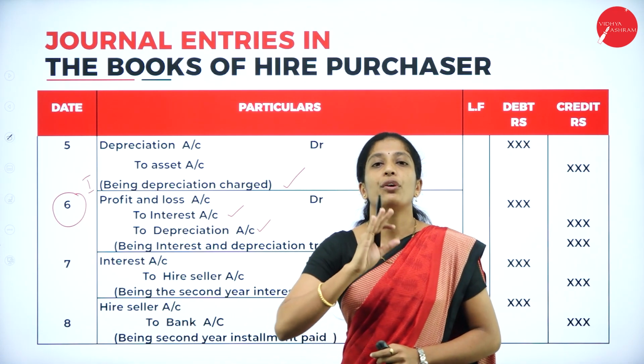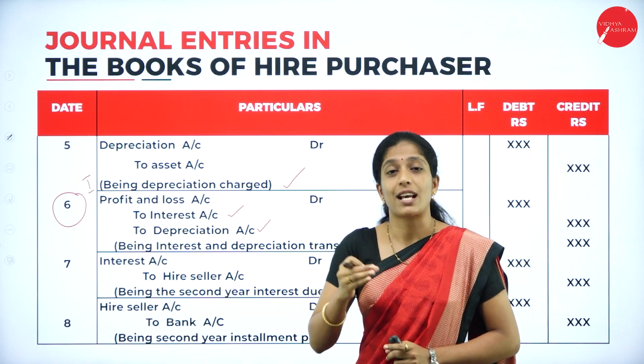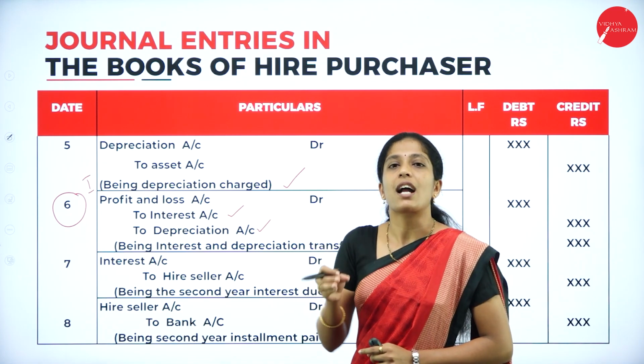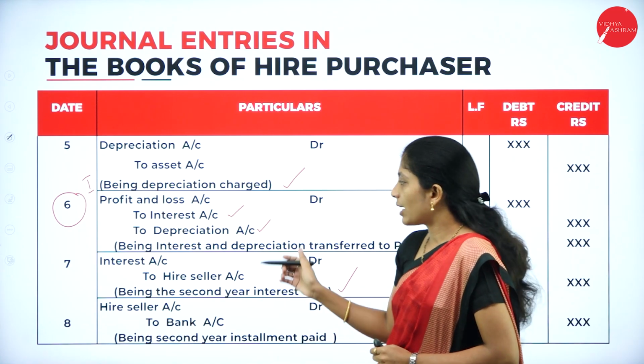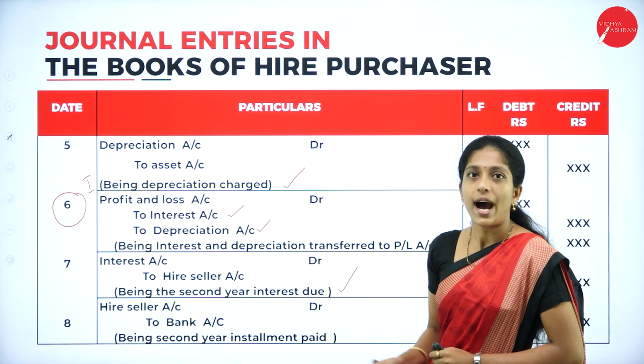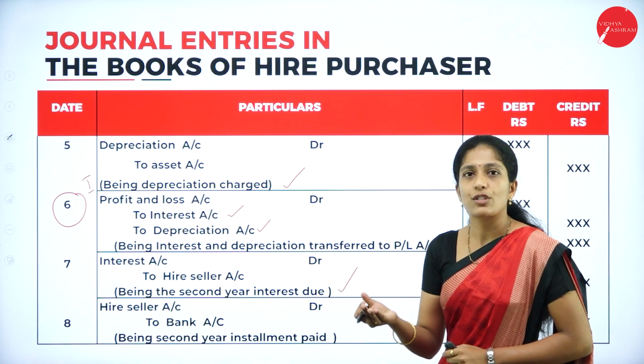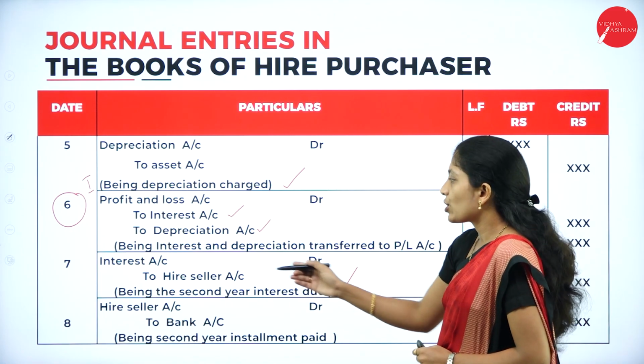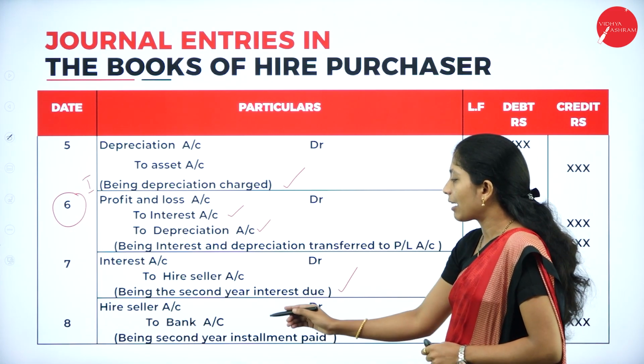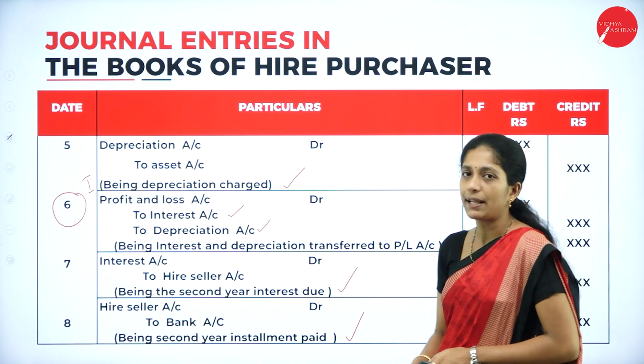In the second year, you are not going to record the asset purchased as well as the down payment. You will start with interest due. So the entry will be interest account debit to hire seller account. The next entry is for installment paid: hire seller account debit to bank account, being second year installment paid.